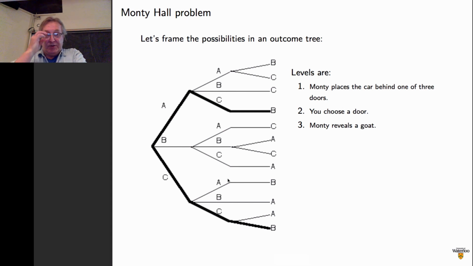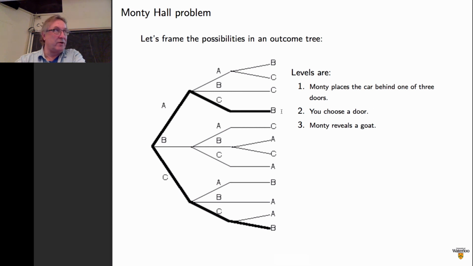So you choose a door. Okay, and then he reveals something. So if the car is behind door A and you've chosen door A, he can reveal B or C. If the car is behind door A and you've chosen B, he can only choose C. If the car is behind door A and you've chosen C, he can only reveal B. Okay, because he's not going to reveal the car.